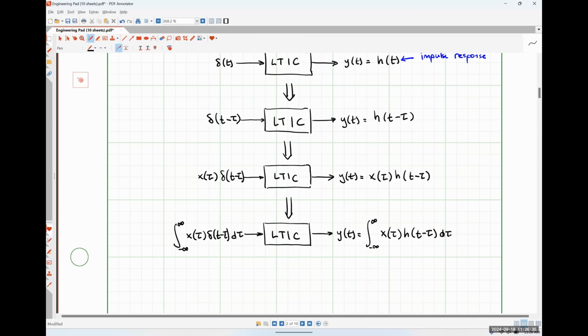But I want to talk a little bit about what this thing right here represents, okay? So I'm performing this integral with respect to tau. So I'm letting tau just range from negative infinity to positive infinity. I'm multiplying this function x of tau by a Dirac delta function.